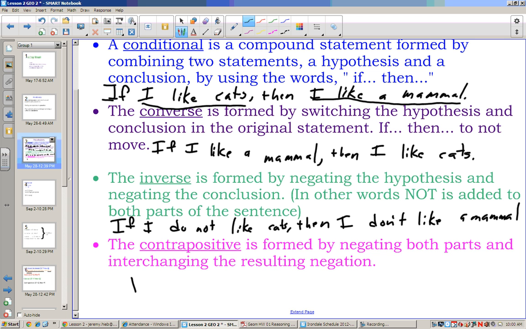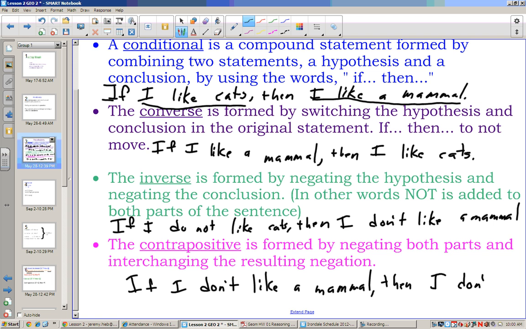So we would say if I don't like a mammal, then I don't like cats. All right, so there are your four things: conditional, converse, inverse, and contrapositive.